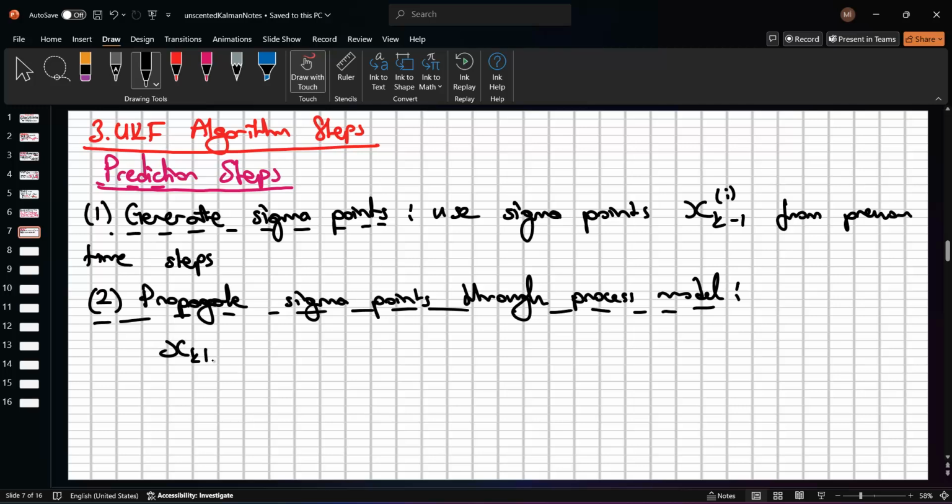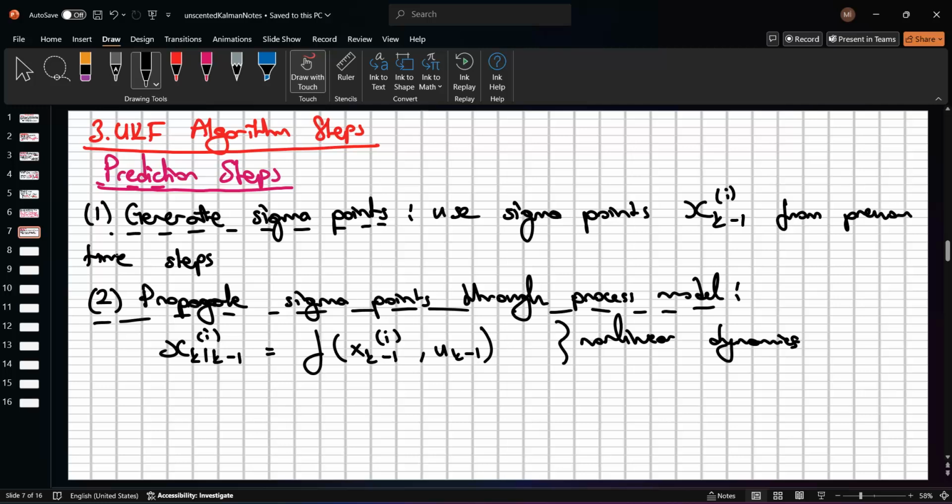The chi k minus 1 i is equal to f of x k minus 1 i, u k minus 1, which means that it's the nonlinear dynamics. We should assign this nonlinear dynamics into this one. This is the chi value.